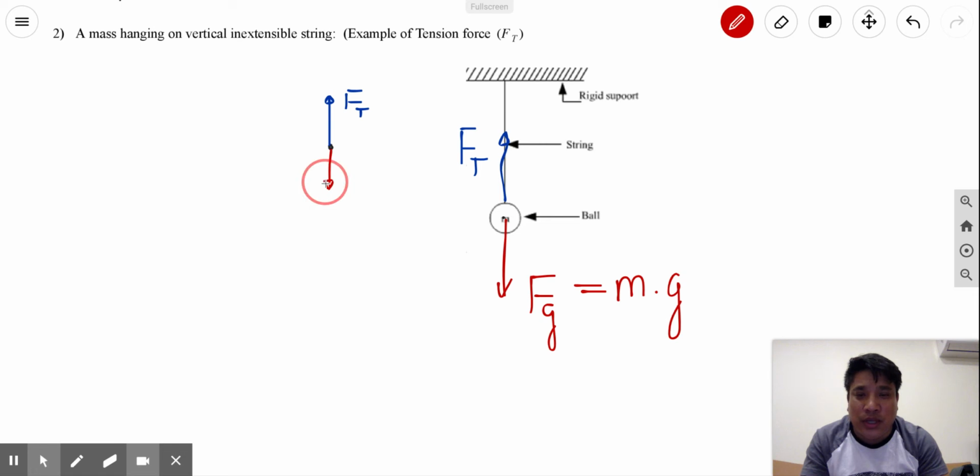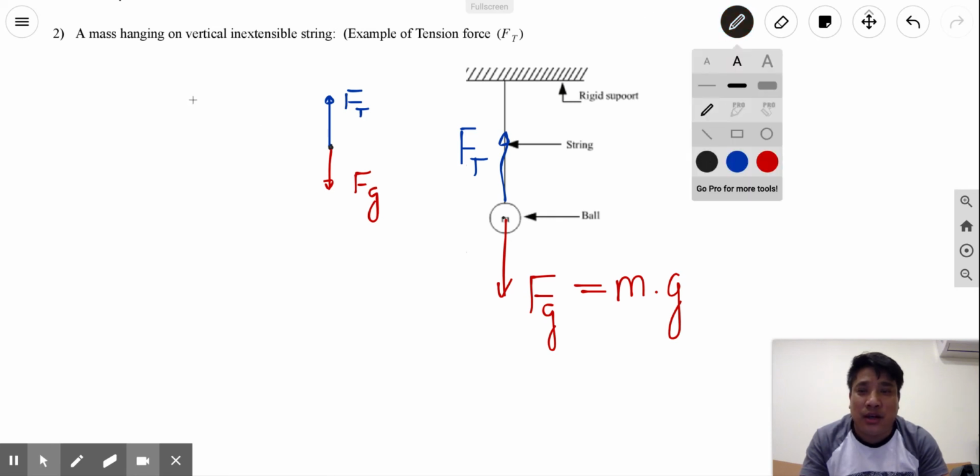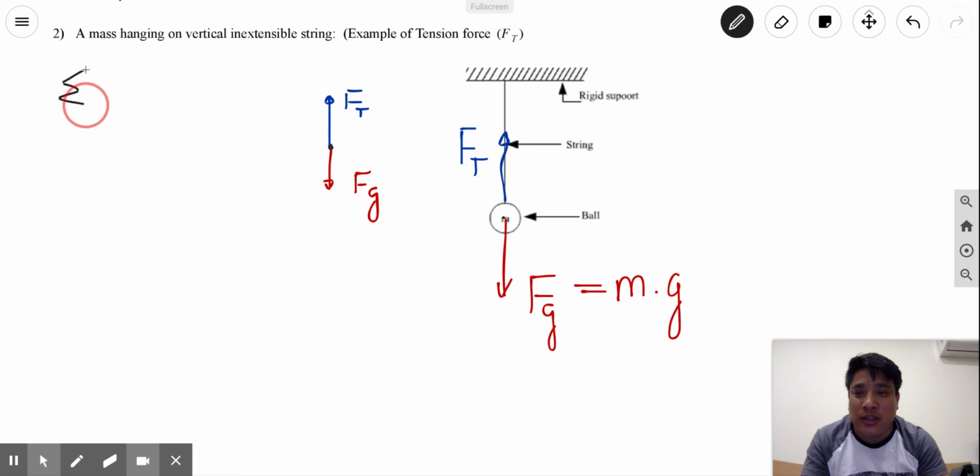As you notice, the ball is not moving, it is stationary. Okay, so we can say that the net force acting in this case is also zero, right? Net force will be zero, which is the sum of two forces acting here, which is tension force that is acting upward, and another force is gravity.